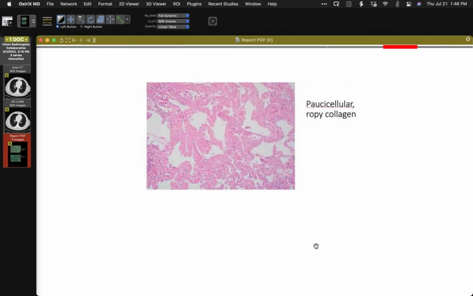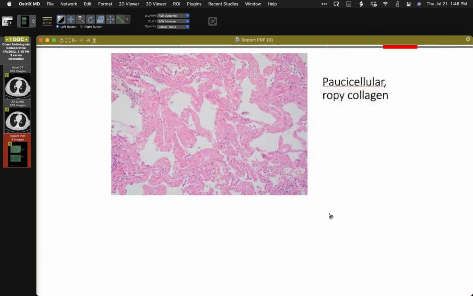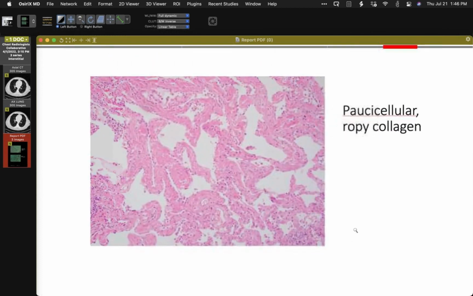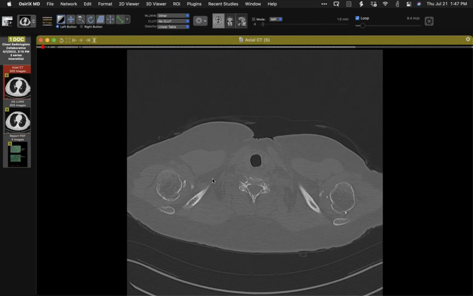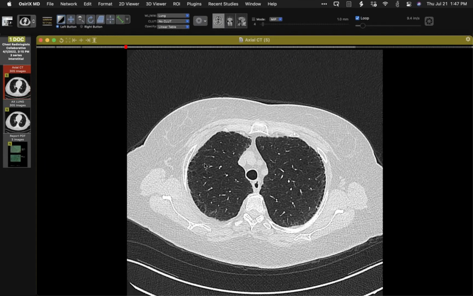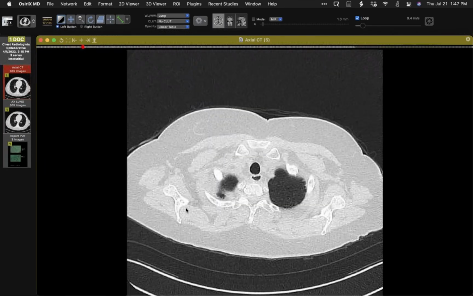If you look at this image, you can see that not only is the collagen extensive and often very deep pink staining, but you can see why these cords here may be described as ropes of collagen. So this is a really distinctive pathologic appearance of smoking-related interstitial fibrosis with ropey collagen under a microscope. That's what we're basically looking at, at least with respect to the disease that's present in these lungs.